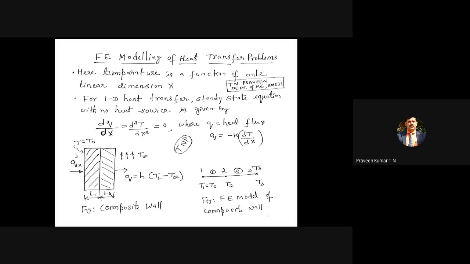At the left side of the wall, the heat flow is by conduction. On the right side of the wall, three upward arrows are shown, which indicate that heat flows through convection. Convection heat transfer is given by q = h(TL - T∞). You are familiar with those equations from your heat transfer studies.